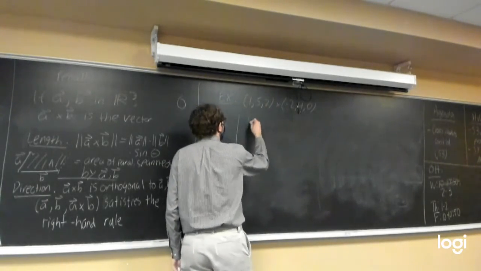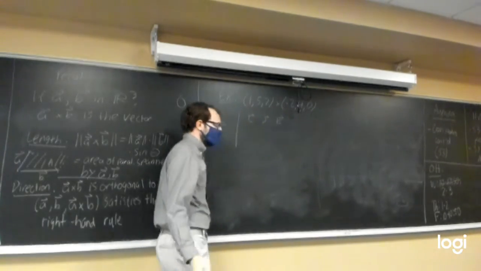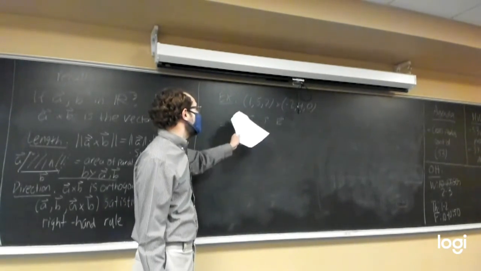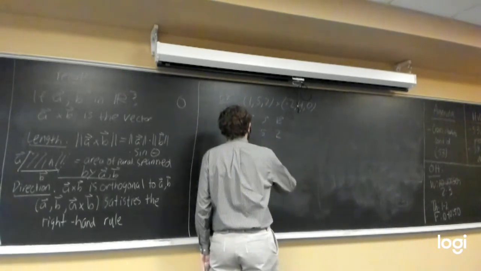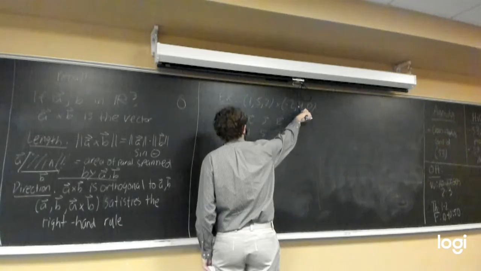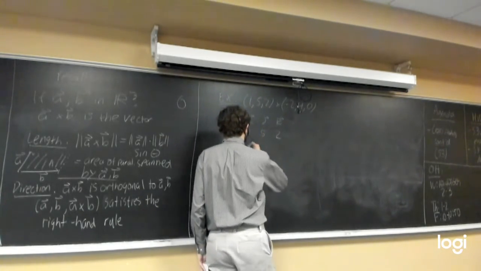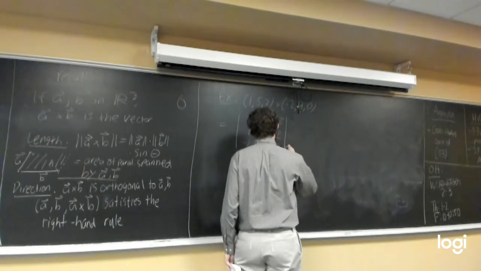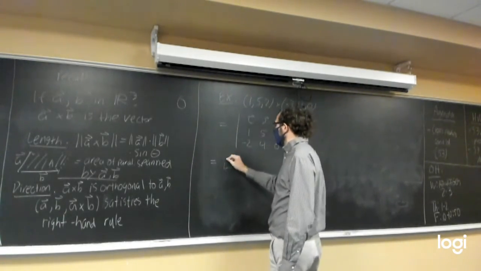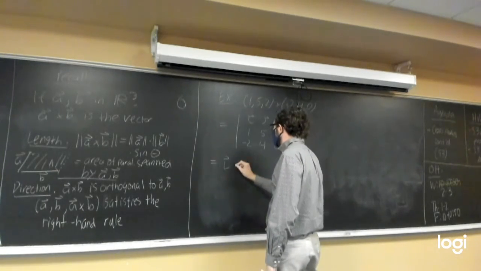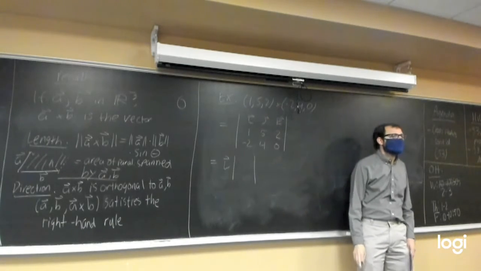So, 3 by 3 determinant. First row is i, j, k. Second row is the first vector in our cross product, (1, 5, 2). Last row is the second vector in our cross product, (-2, 4, 0). We evaluate: it's going to be standard basis vector i times the determinant of what 2 by 2 matrix?